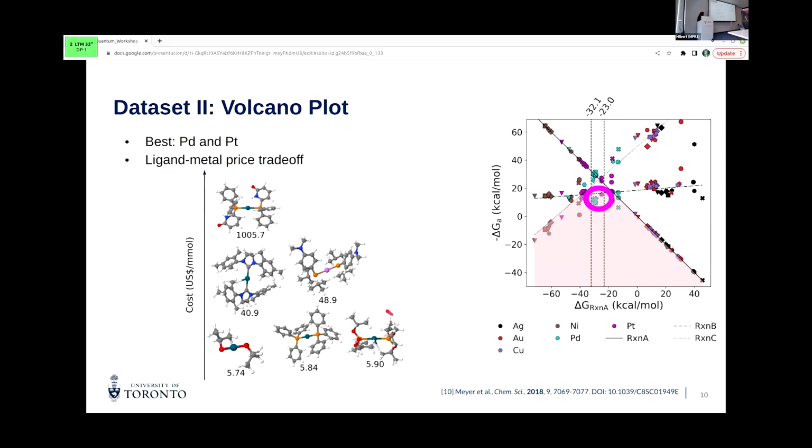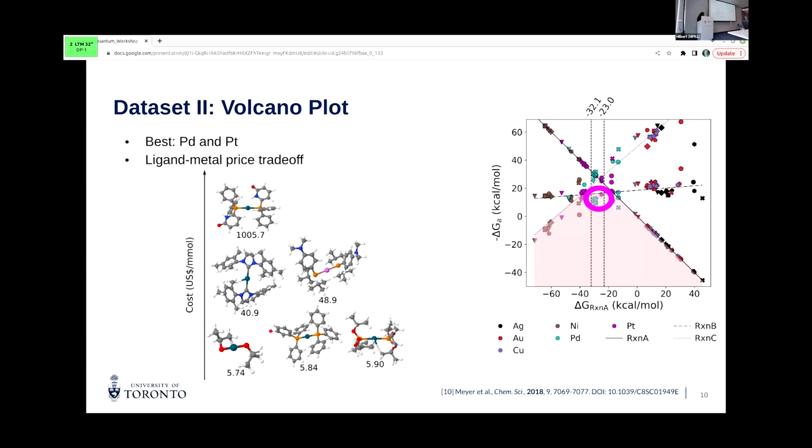So if we consider this region that's given by literature, we have 6 complexes that are ideal, and I've ranked them by price here. The best are palladium and platinum, well, mostly palladium, which is in agreement with literature.